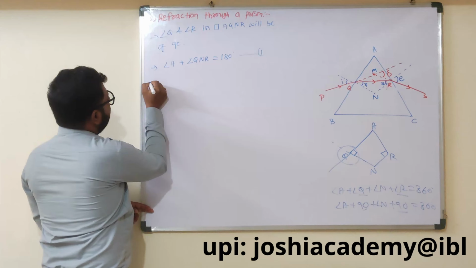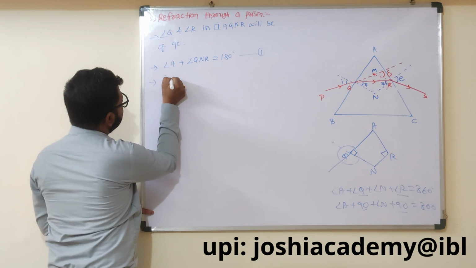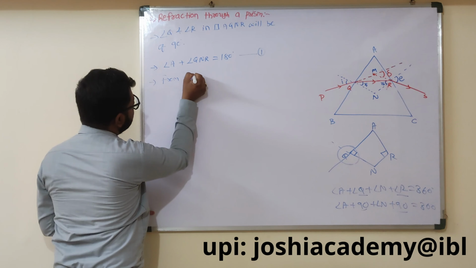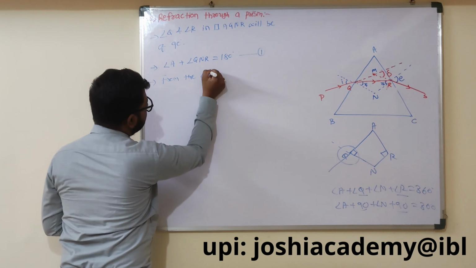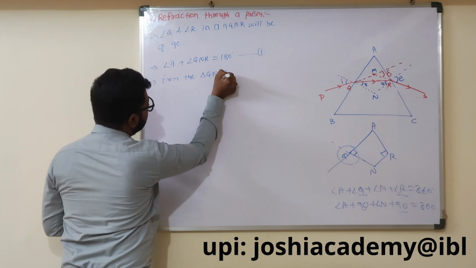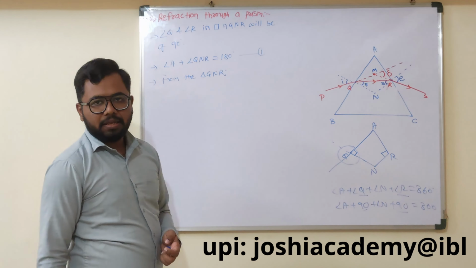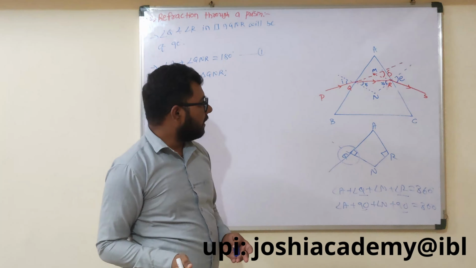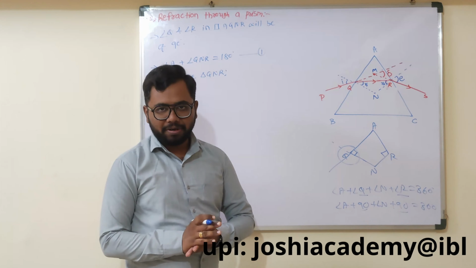So from the triangle QNR, again we know that the sum of all angles in the triangle will be 180 degrees.